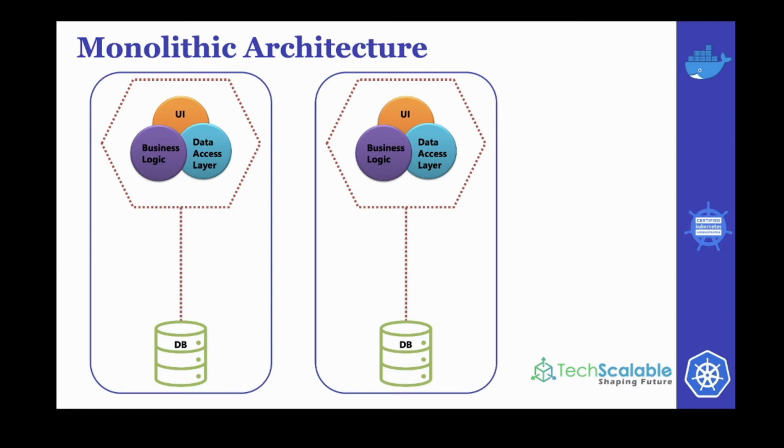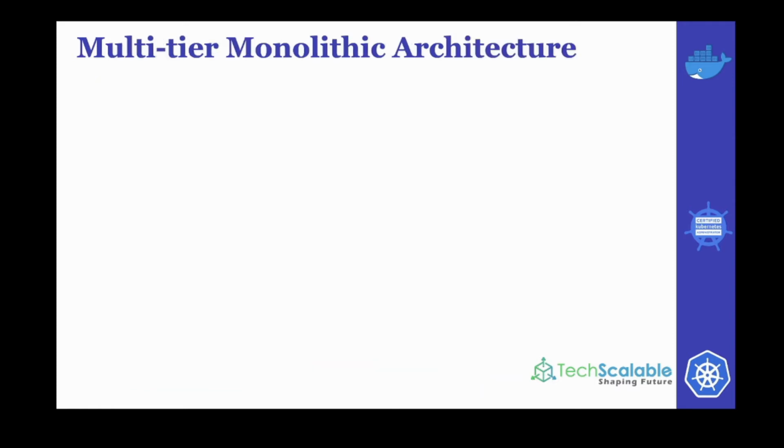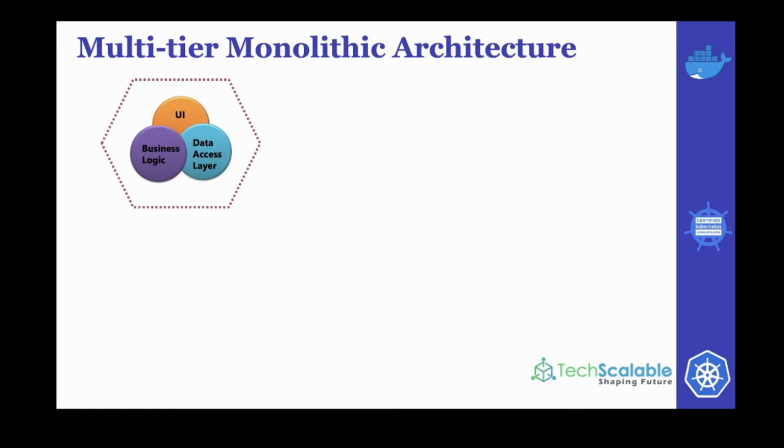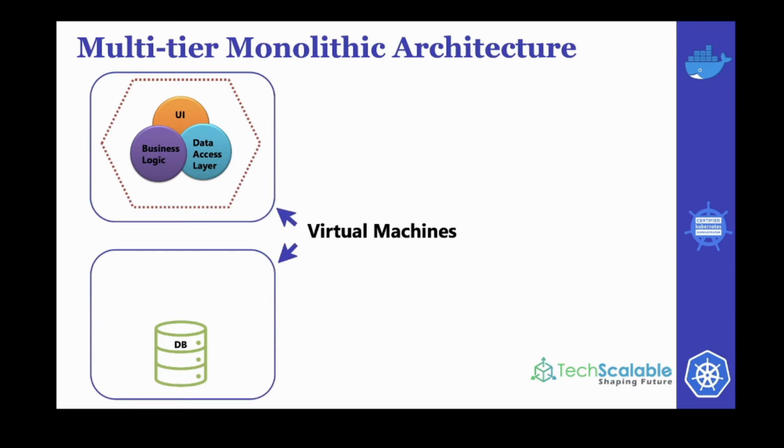So people moved on to the next stage, which is nothing but a multi-tier monolithic architecture. In this, we divided our front-end middle tier from the database. The decoupling was done. Each of the individual components was deployed into separate virtual machines.